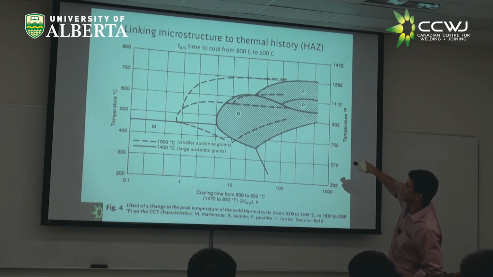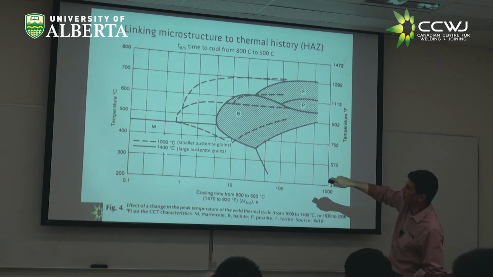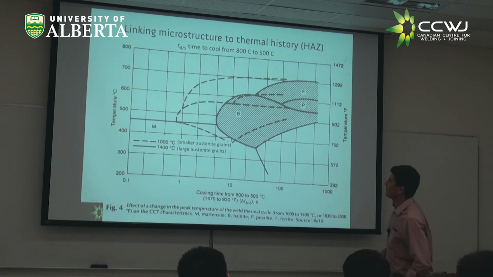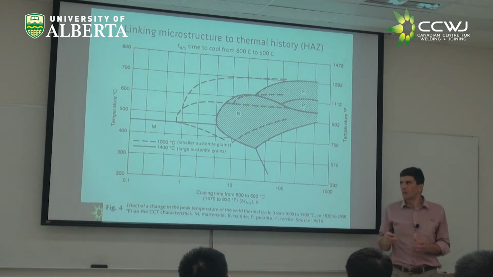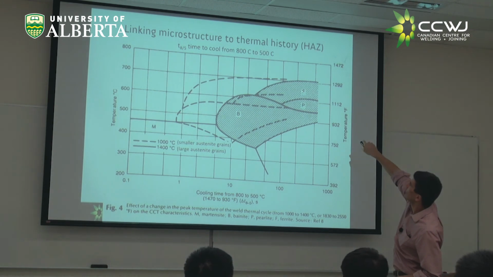The one shaded is for large austenite grains, as if I held the austenite at 1,400 degrees. The 1,000 degrees is for smaller austenite grains, right? Depends on what your temperature is. In welding, you're going to have different prior austenite grain sizes, right?